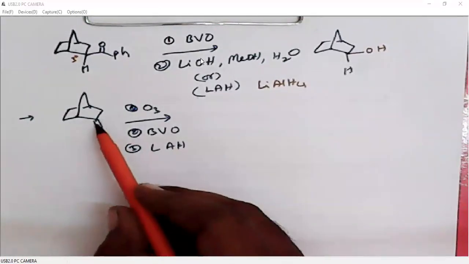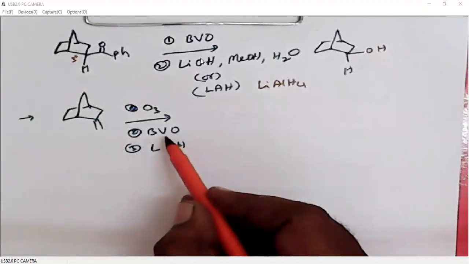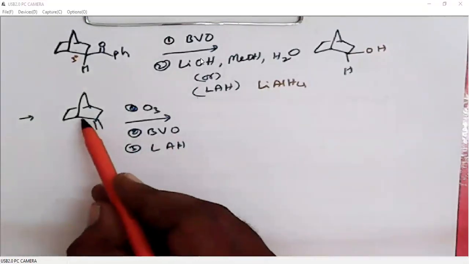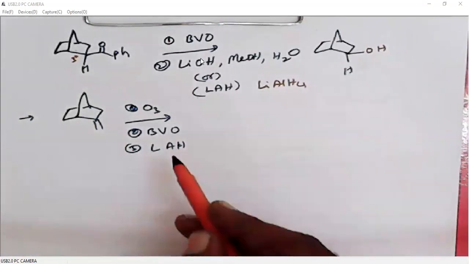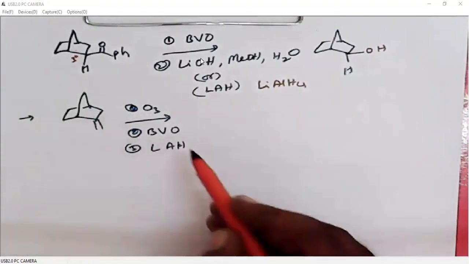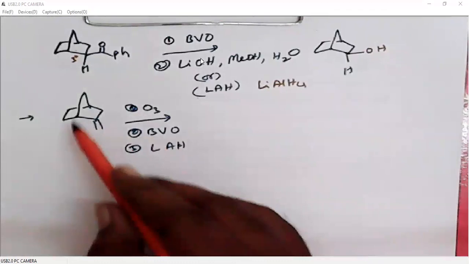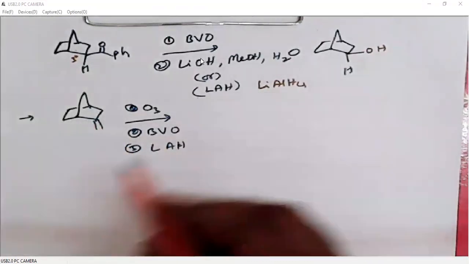So what we are getting is a keto-ketone. Then under Baeyer-Villiger oxidation, the carbon migrates, so we will have oxygen here. Then we are getting a lactone. When we reduce that lactone with LAH, both sides we will get alcohols.